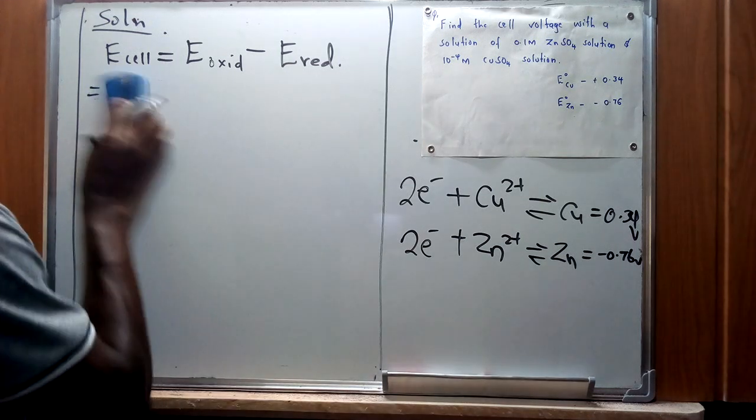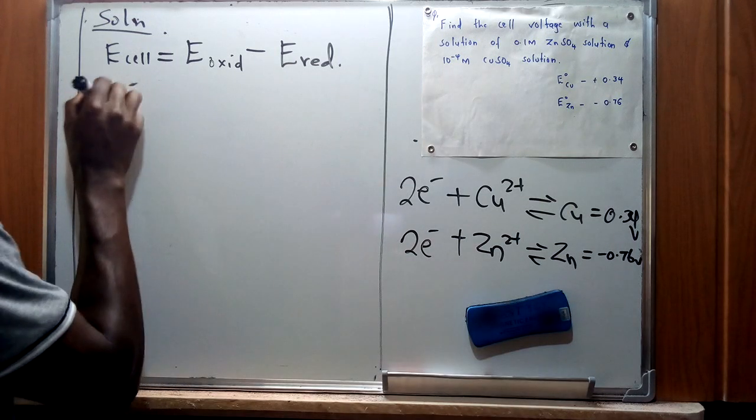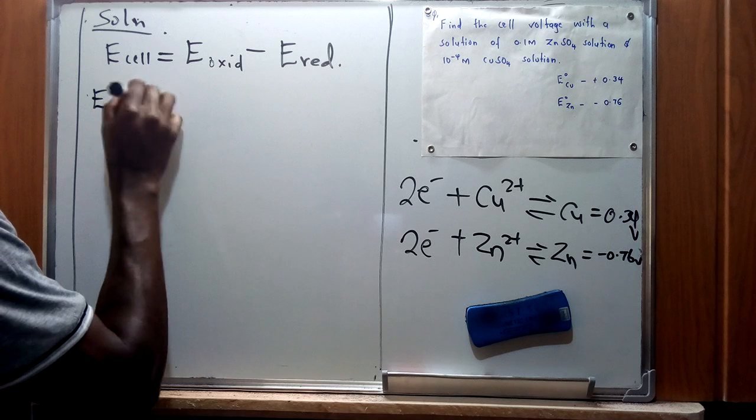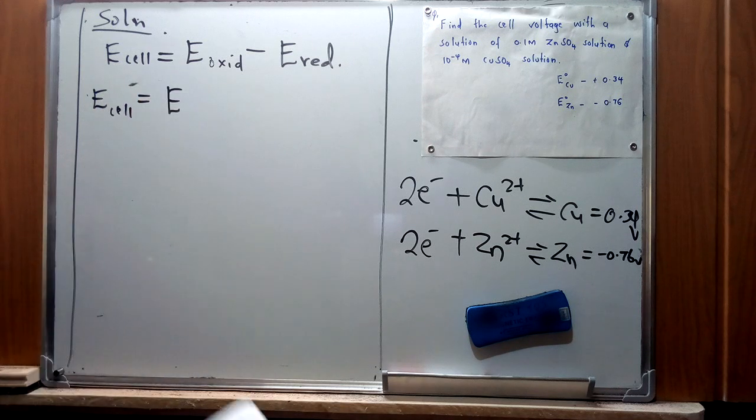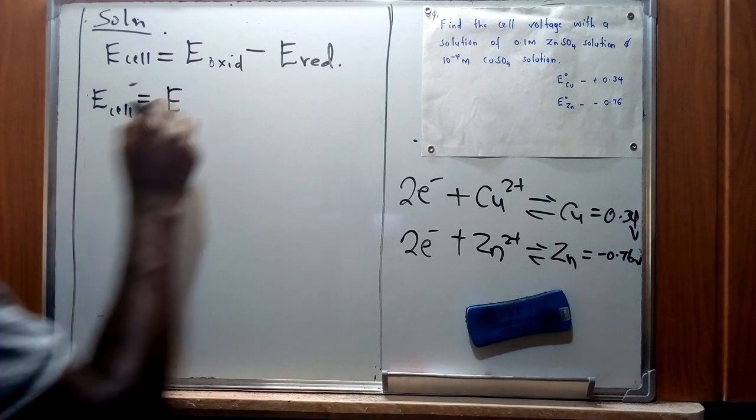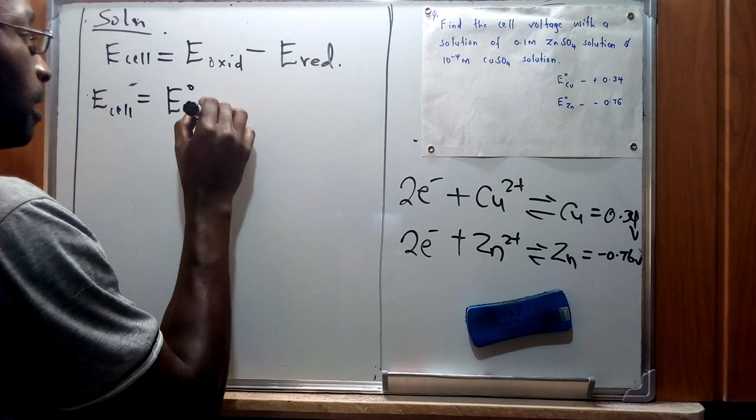So therefore, still, E cell can be represented as E. The species that is undergoing oxidation is copper. So we have copper.